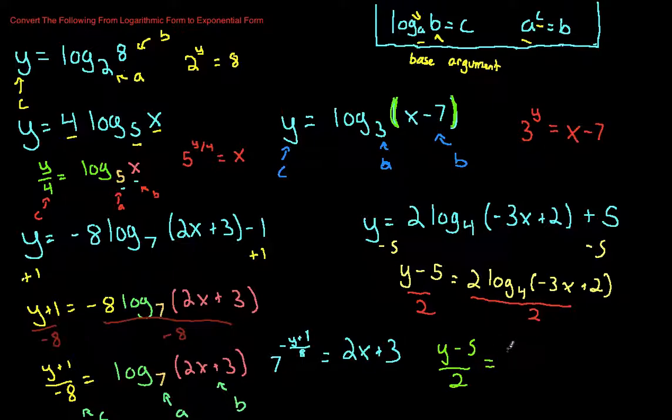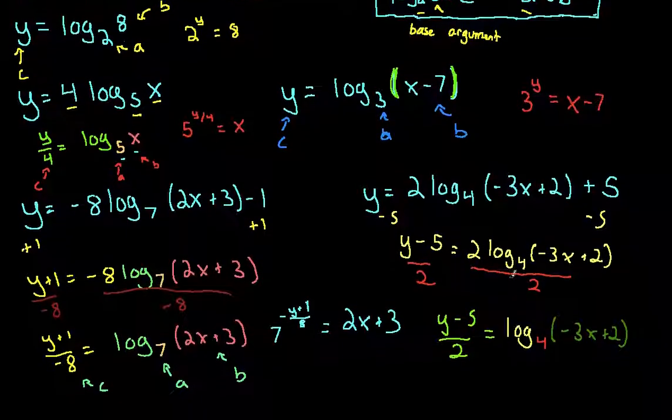I'm going to change colors here just to emphasize that I have my log, my base, and my argument all on the right-hand side, at which time I can switch this formula from logarithmic form to exponential.